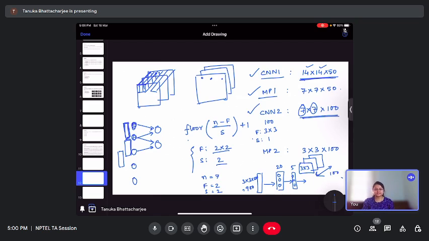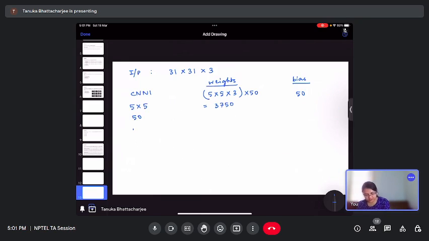Next is the second CNN layer which has 100 filters, filter size 3 cross 3, and the input to this particular filter had a third dimension of 50. So these 3 cross 3 filters will combine over all those 50 matrices. So CNN2, which has 3 cross 3 and 100 filters, will be 3 cross 3 cross 50.